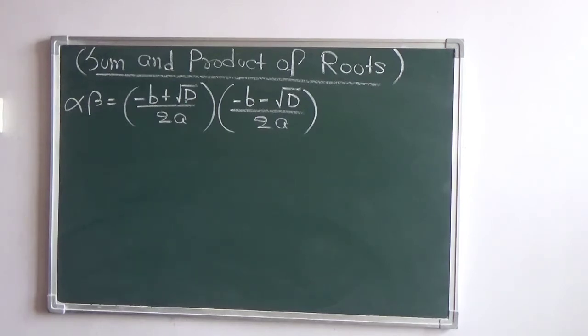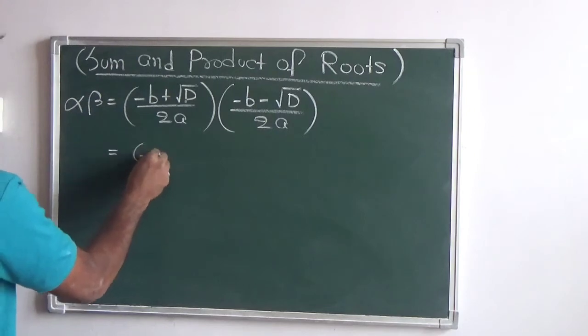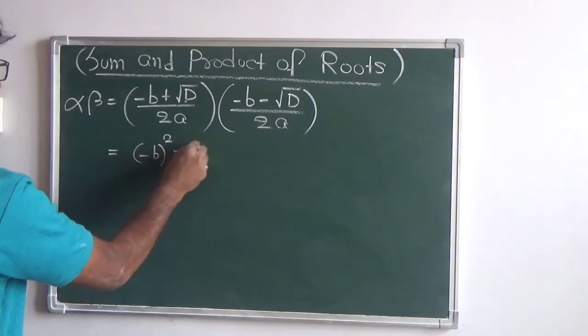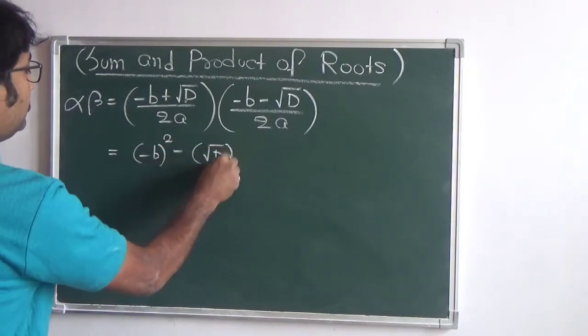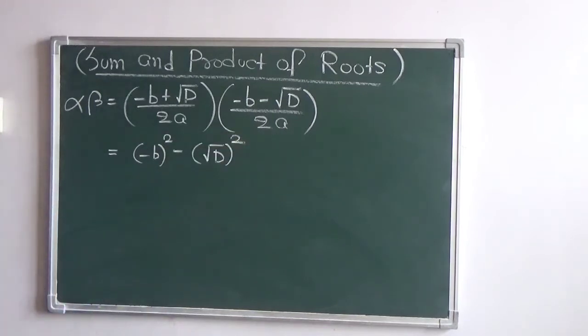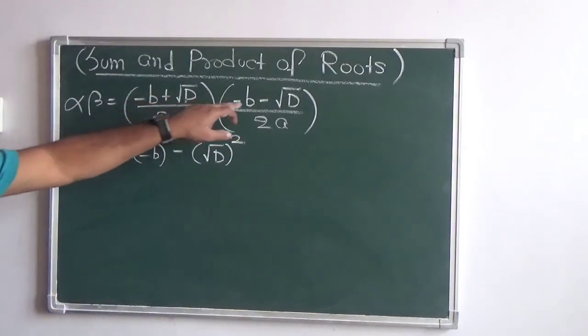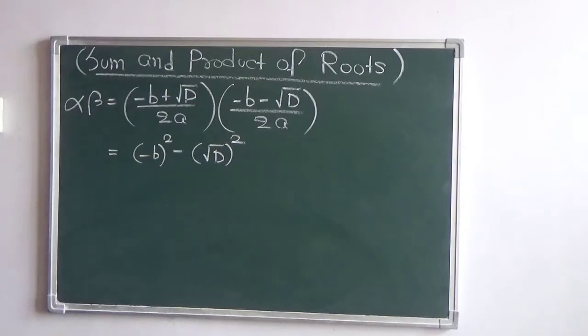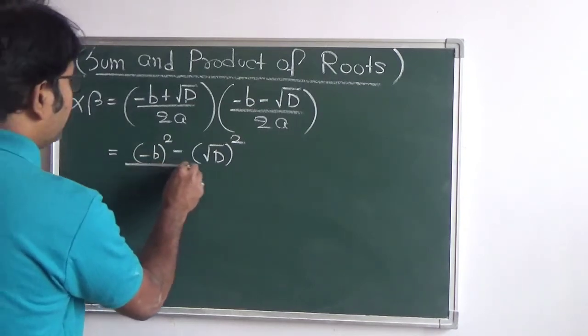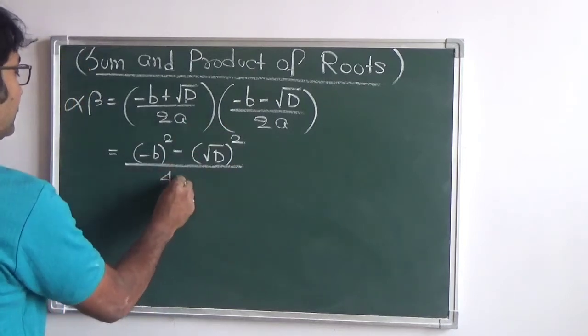So you can write it as minus b square minus of root over d square. This is a plus b and a minus b, and that is equals to a square minus b square. So this we can write as divided by 2a into 2a is 4a square.